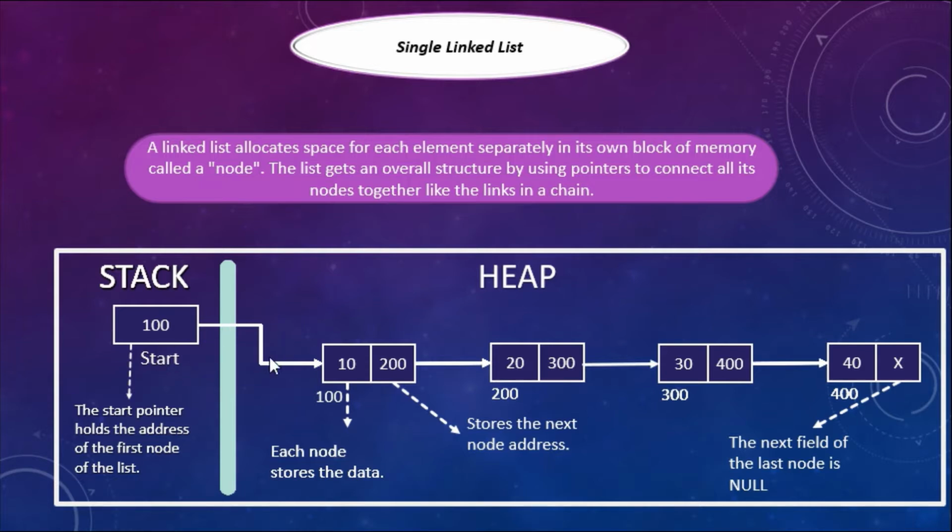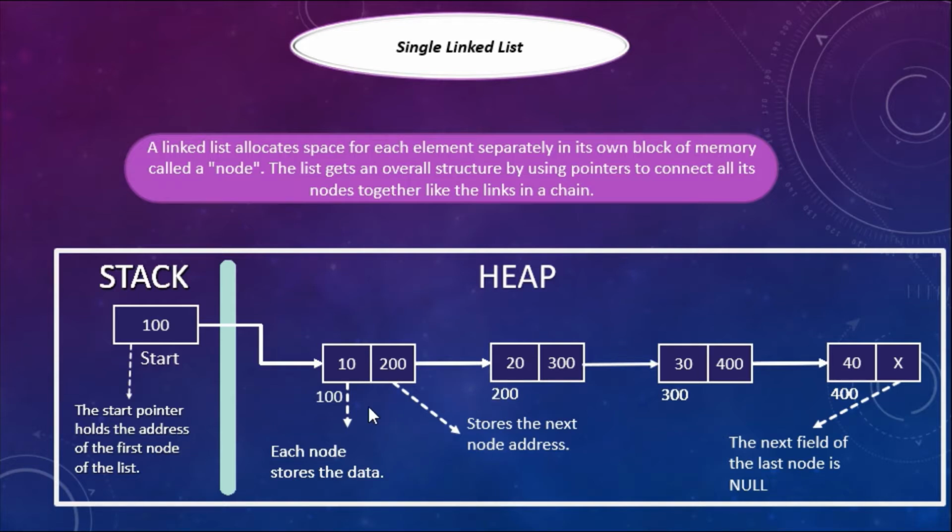The start pointer is pointing towards the first node, and the first node contains two fields: one of them is the data field and the other is the next field. The data field stores the data or information, and the next field contains the address of the next node, to link the previous node with the succeeding node.